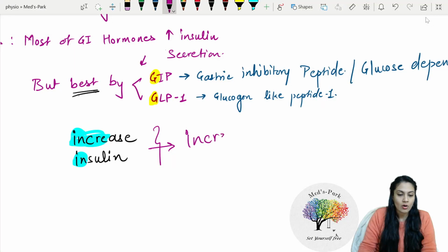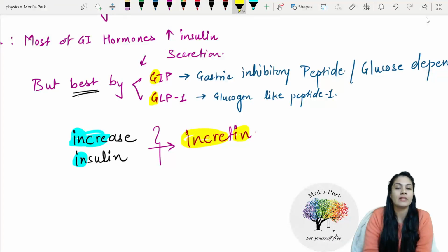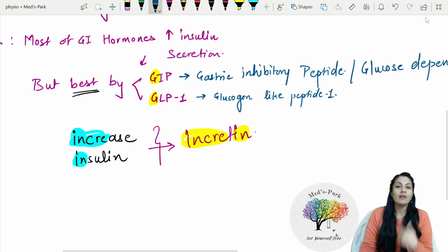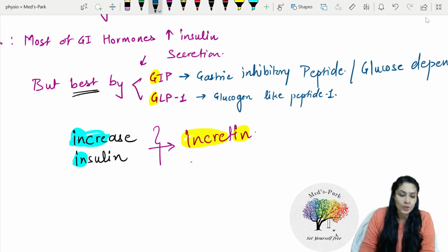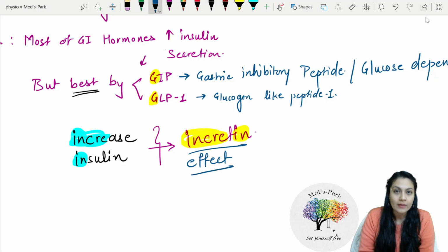Because they increase insulin, they are called incretins. You just have to add a T in between, that is incretin. If the insulin release is increased by the stimulation of these two hormones specifically, this is called the incretin effect. You can have short notes on incretin effect also.